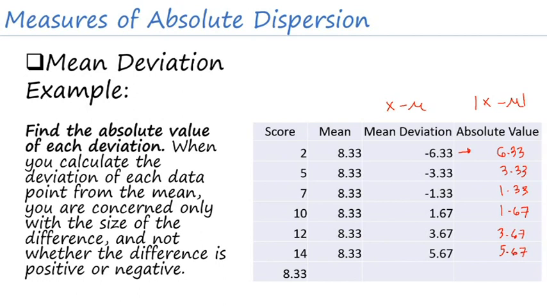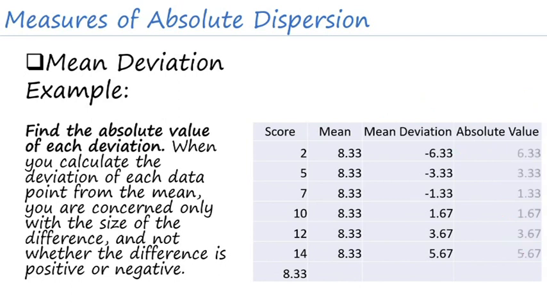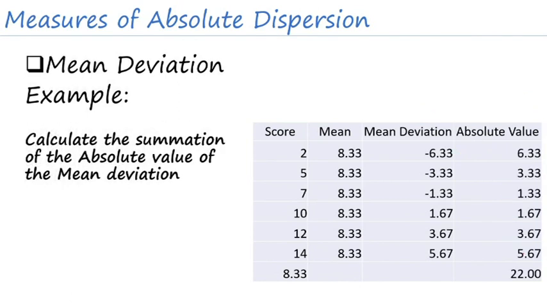Okay, after obtaining the absolute value of our mean deviation, we have to find its average. So, paano ba natin makuha yung average of the mean deviation? Meron na tayong summation. This is already the summation of our absolute value.